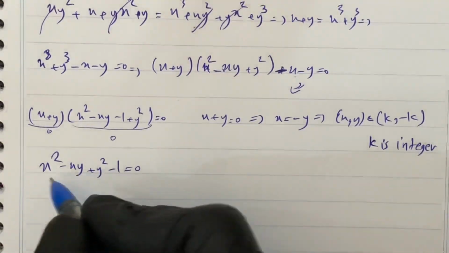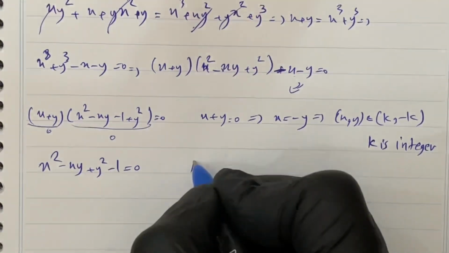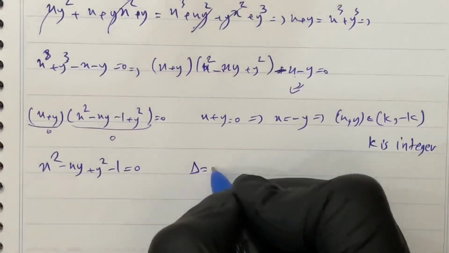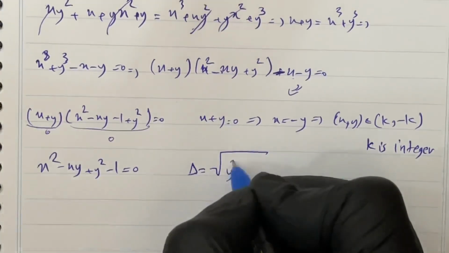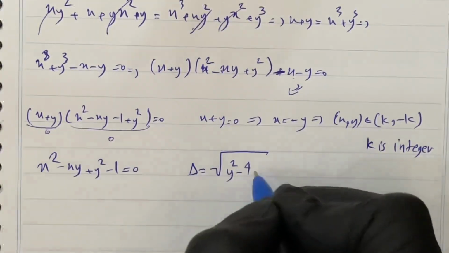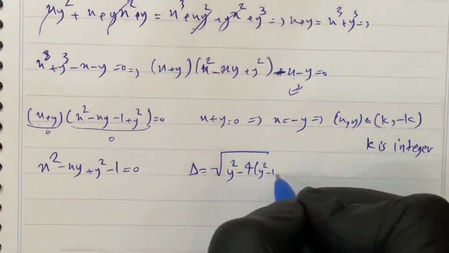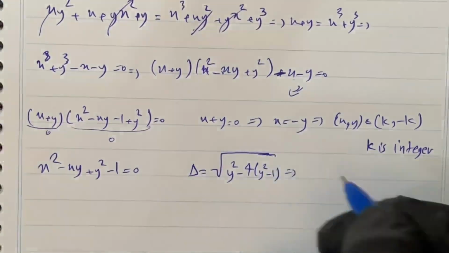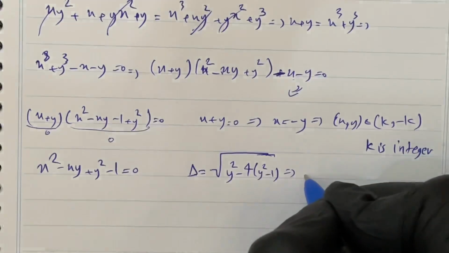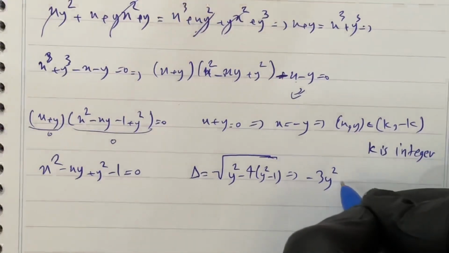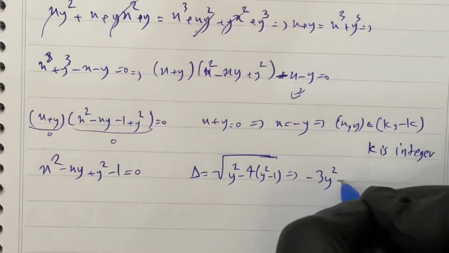So our discriminant would be y² minus 4 times (y² minus 1), so our discriminant would be negative 3y² plus 4.